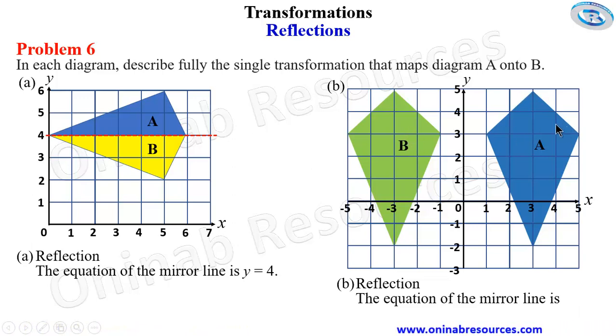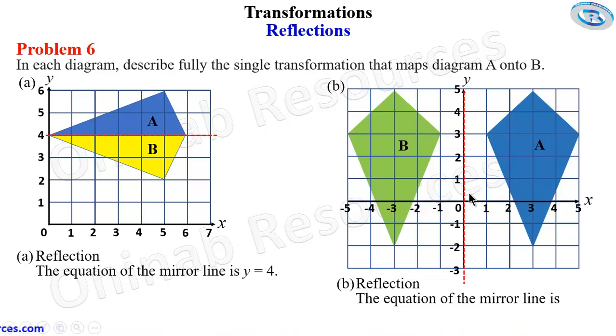Now if you look at the two objects, you see that this y-axis is perfectly separating the distance between them. From the y-axis to object A, we have 1 unit. From the y-axis to object B, you have 1 unit.